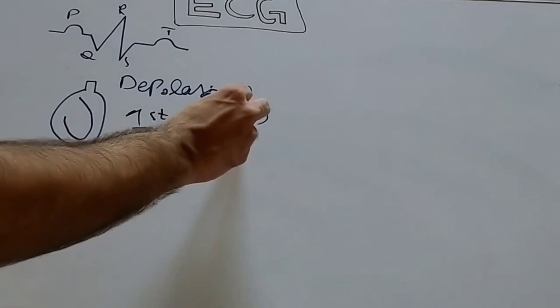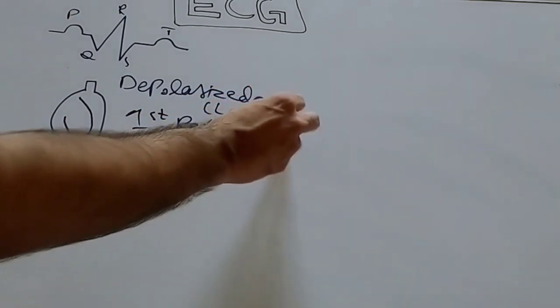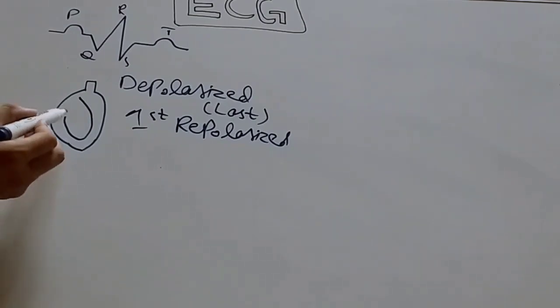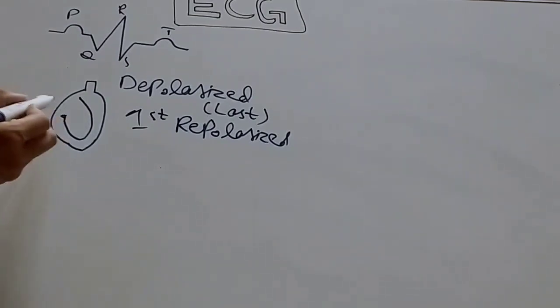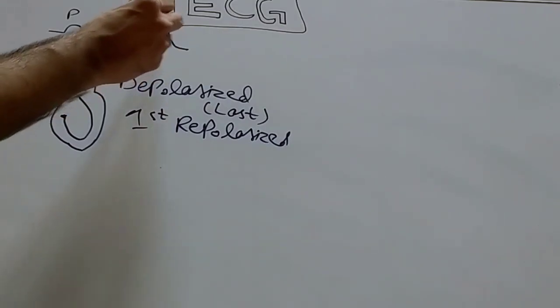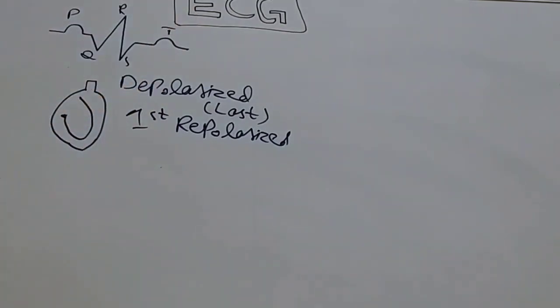We know that. So this base of the ventricles are depolarizing at the last, so this area would get repolarized first. So that's why this T wave appears as positive wave or it is bulged outward. So this is the very important question which examiner often asks in the Viva.